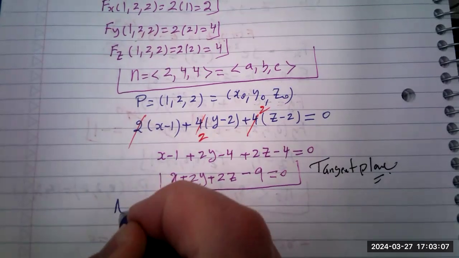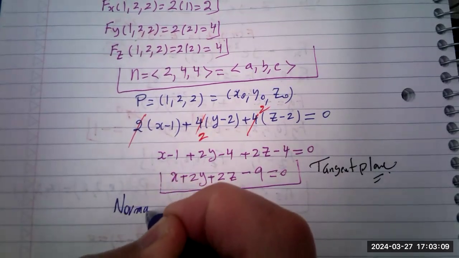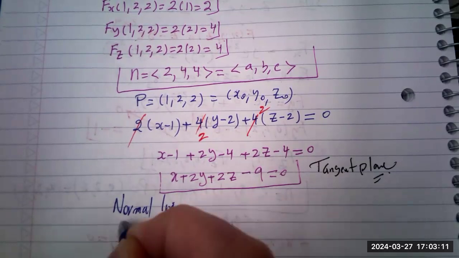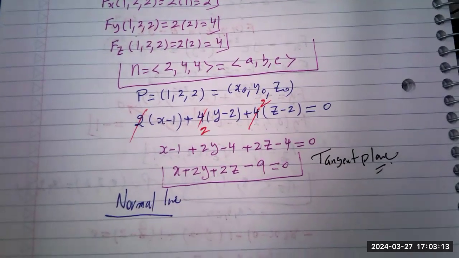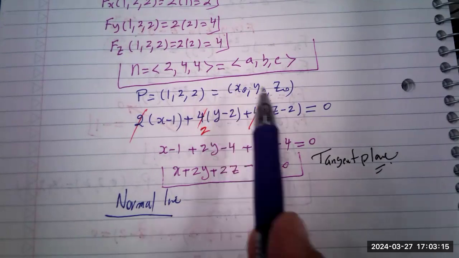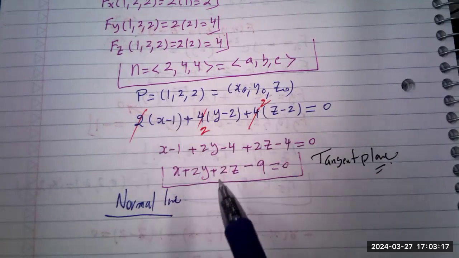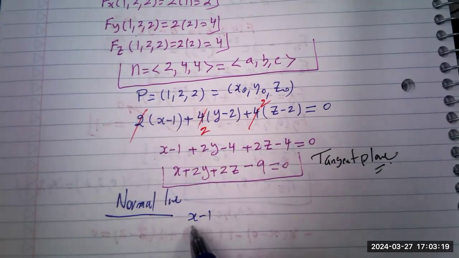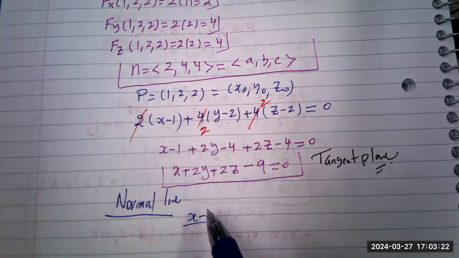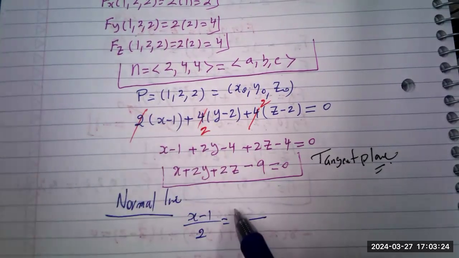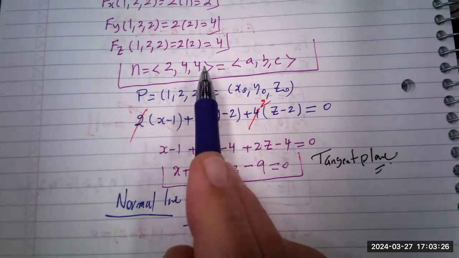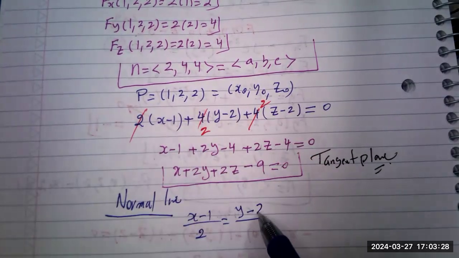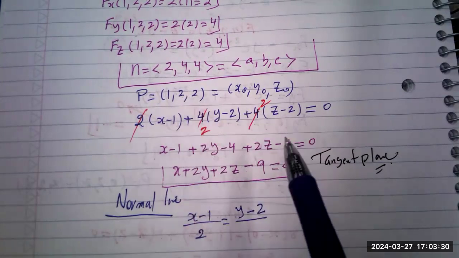Okay, so the normal line: x minus x0, where x0 was the point, x minus 1 over A, which is 2. Y minus y0, y minus 2, over B, which is 4.